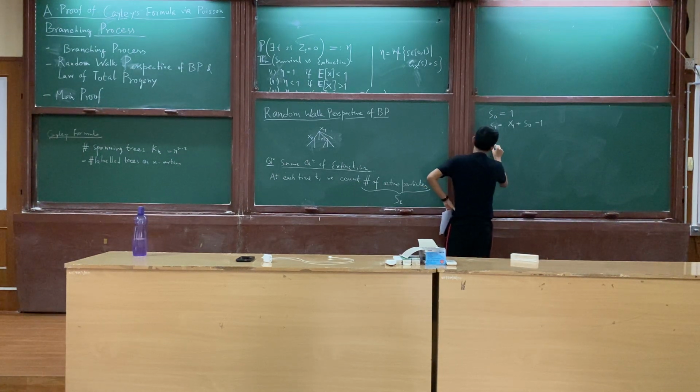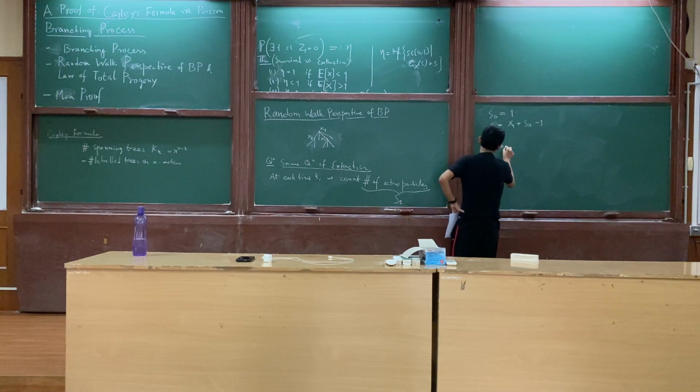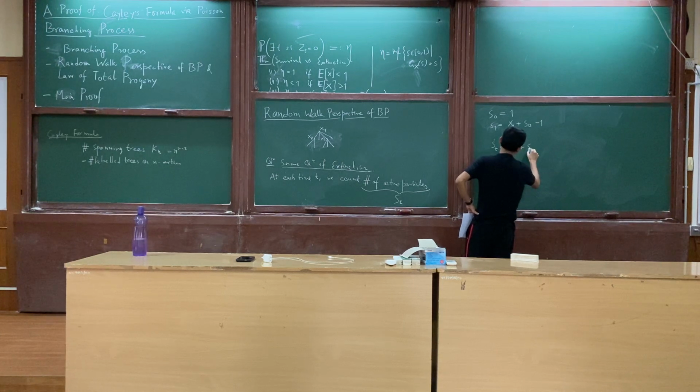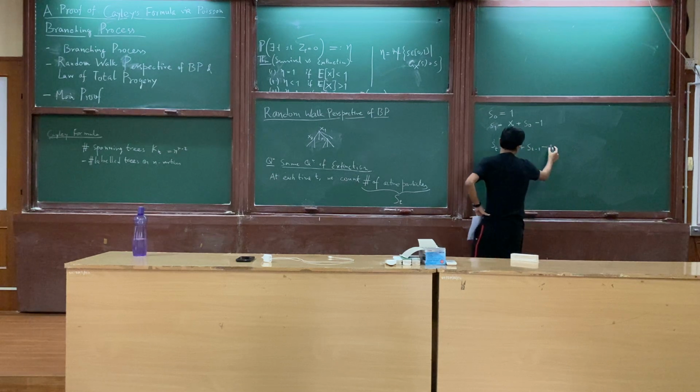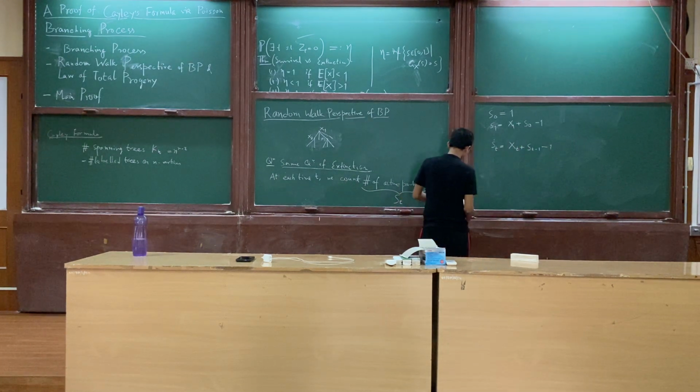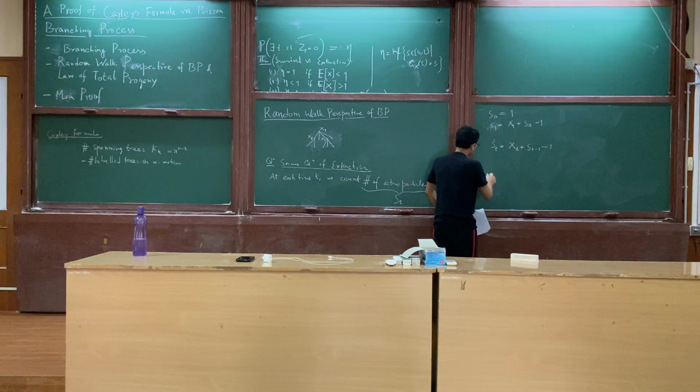So as you can see, at any time t, this will be X_t plus S_{t-1} minus 1, minus that parent who just gave birth.